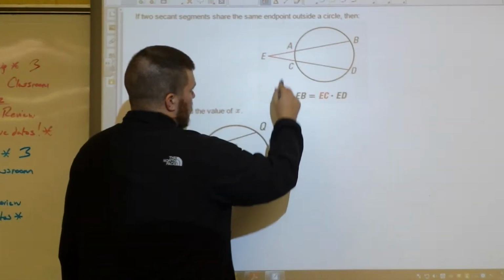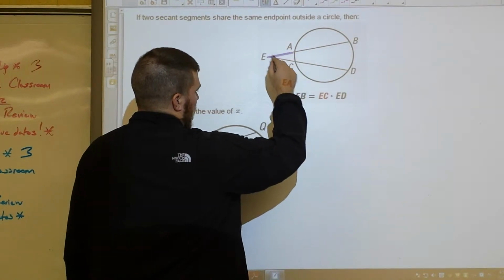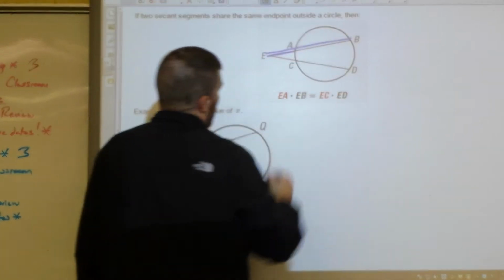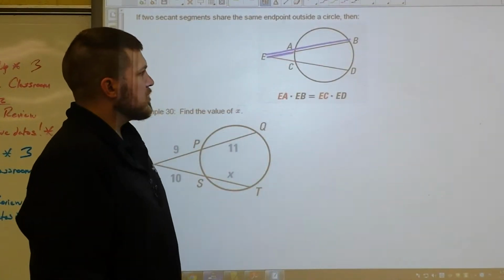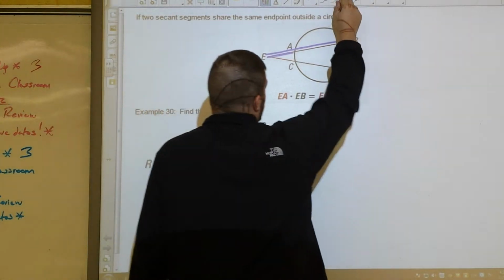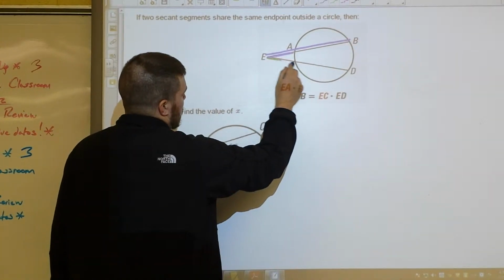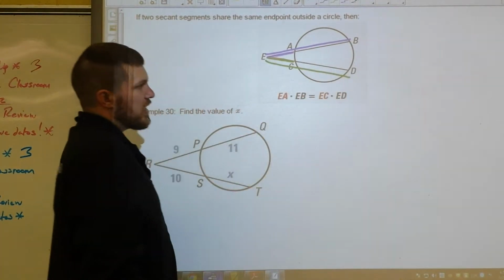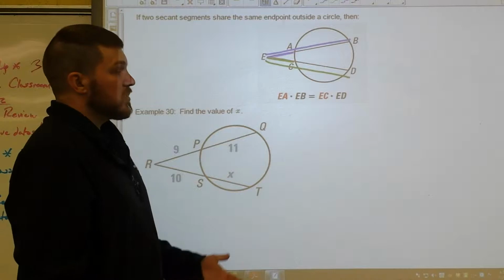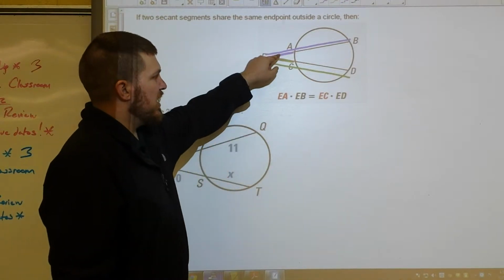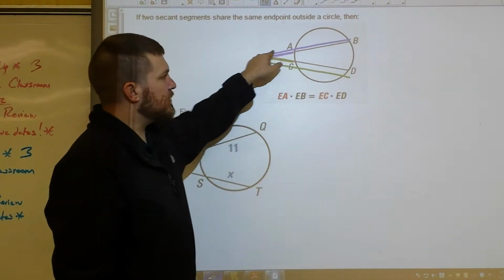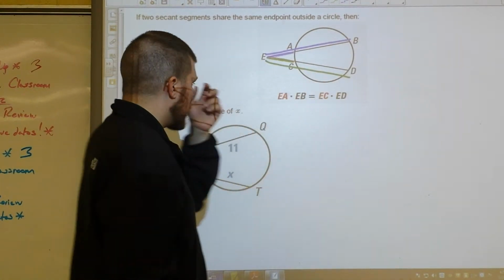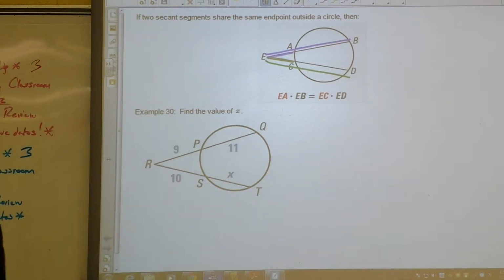The external secant segment AB times the total secant segment EB, if you multiply those two pieces together, is equal to the external secant segment EC times the total secant segment ED. So again, external times the total is equal to external times the total. Let's use that information in example 30.